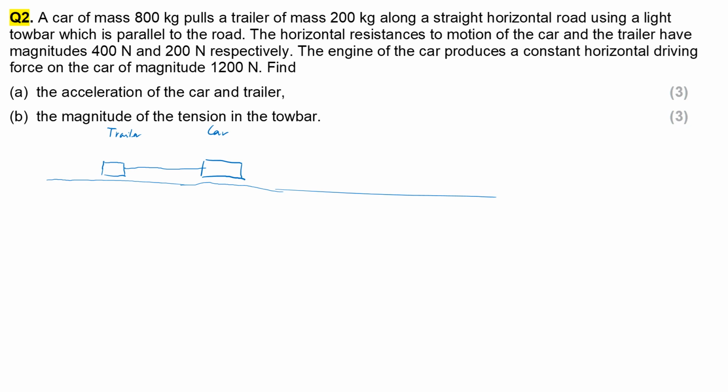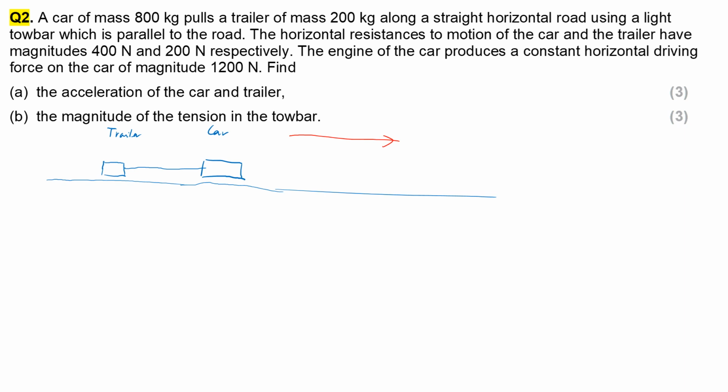So which forces do I have? I'm going to start by drawing the ones that they are mentioning. So there are some horizontal resistances which have magnitude 600 and 200. That's for the car and the trailer. I'm going to assume that the car is going forward, so I'm going to assume the direction is that way. I'll draw the acceleration afterwards.